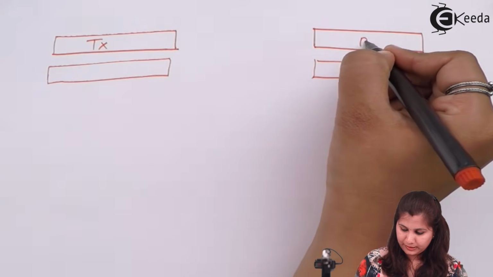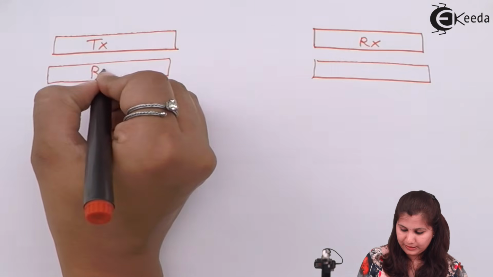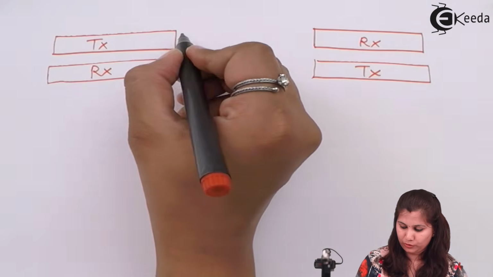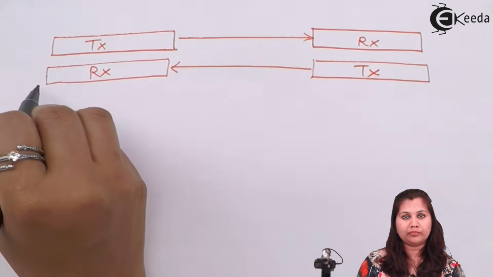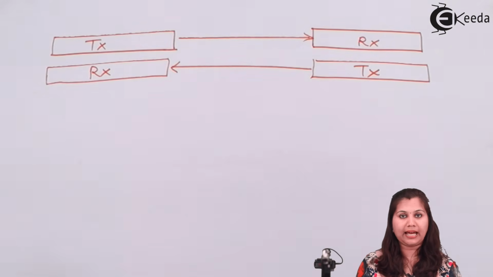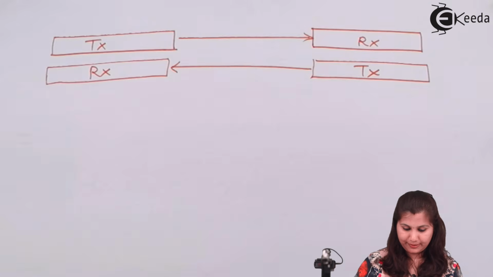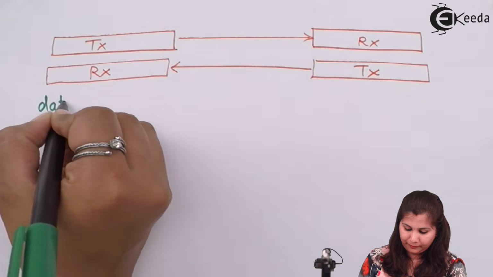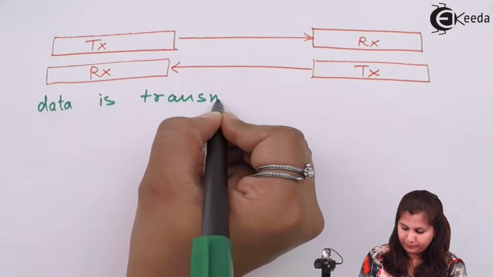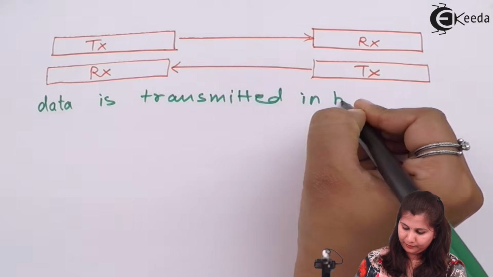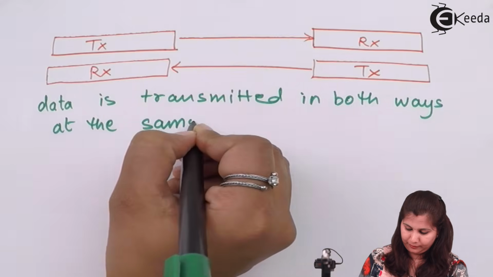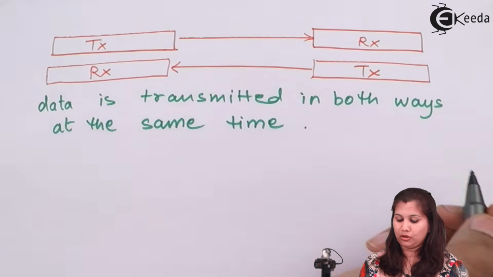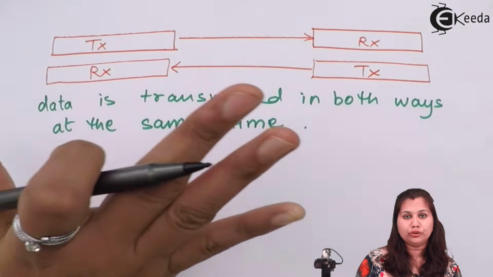This is the transmitter and also receiver, and this is the receiver and also transmitter, so in both the directions it can act. So that is the case of full duplex.